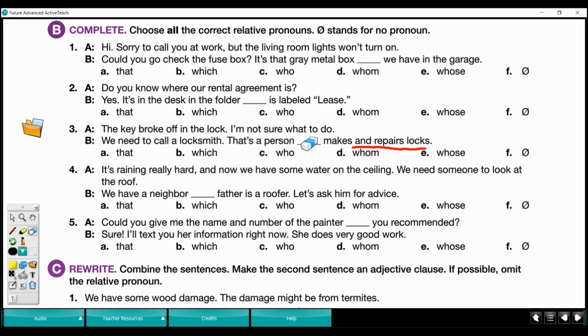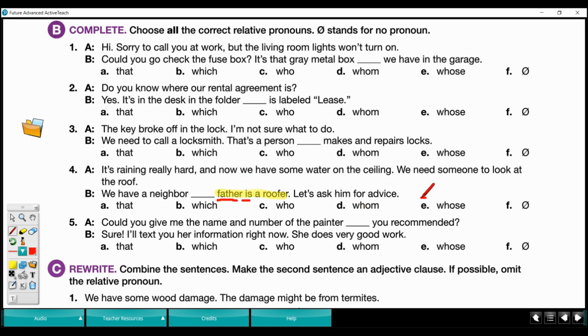Number four, "It's raining really hard, and now we have some water on the ceiling. We need someone to look at the roof." Person B says, "We have a neighbor," and then here's the adjective clause. Father is a roofer. Father is a noun. It is not a pronoun. Here's my verb, so subject and verb.